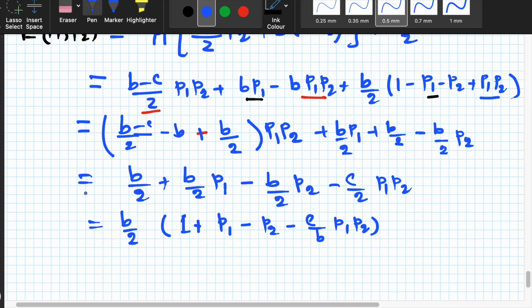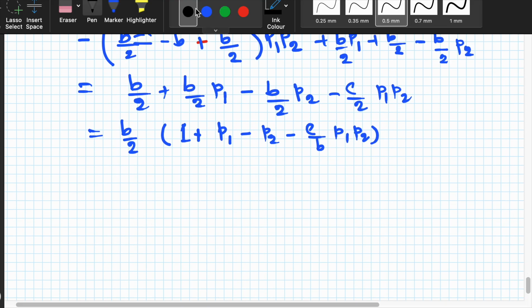Now what is the Nash equilibrium here? So what is the mixed ESS here? I will say that the Nash equilibrium here is b by c.